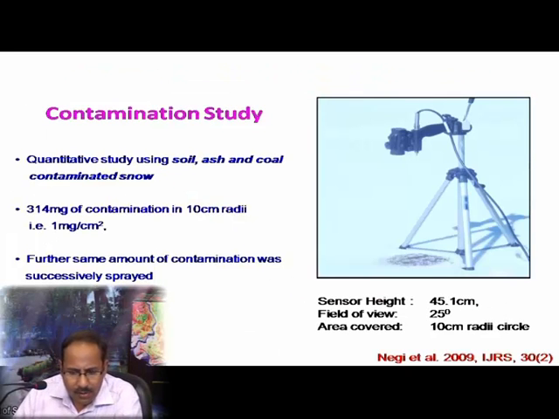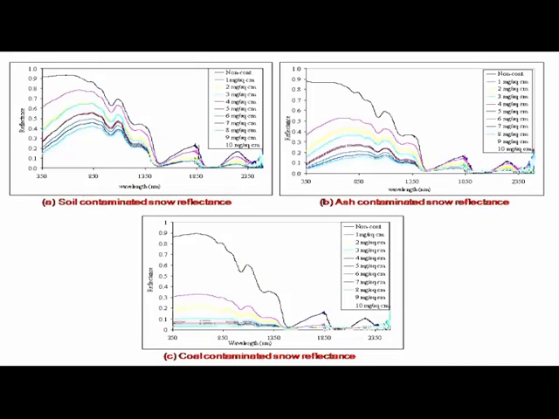Then for the contamination study, we did an experiment by spraying black carbon or soil and the different sources in a fixed field of view under the sensor of a spectroradiometer, and estimated the reflectance.